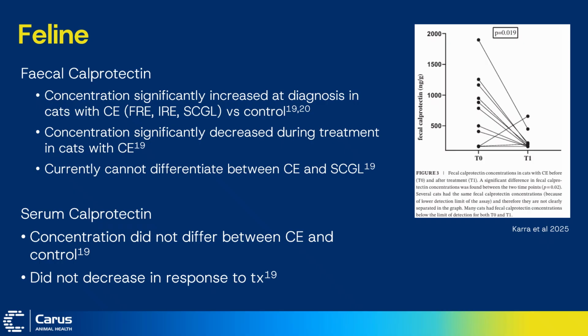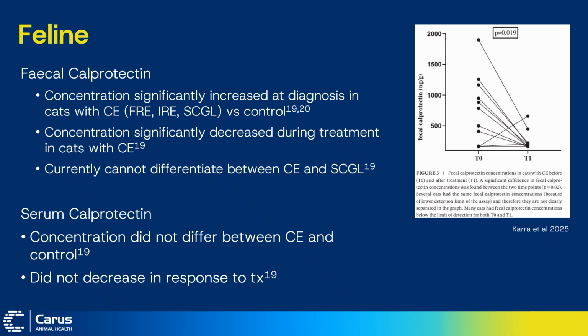Another possible explanation could be that in both conditions, the predominant inflammatory cells that infiltrate the mucosa are lymphocytes, and so the secretion of calprotectin could be equally influenced in both conditions. There is more research going on in this area, so do keep an eye out for that.